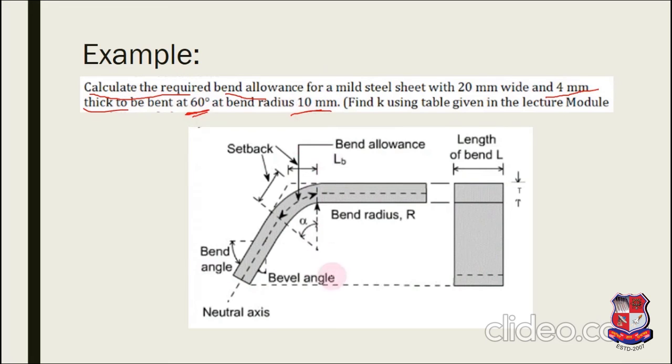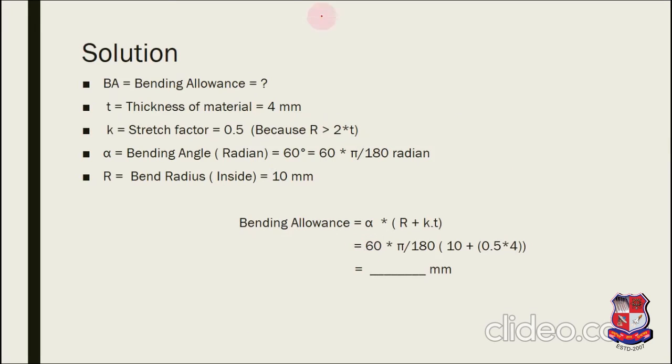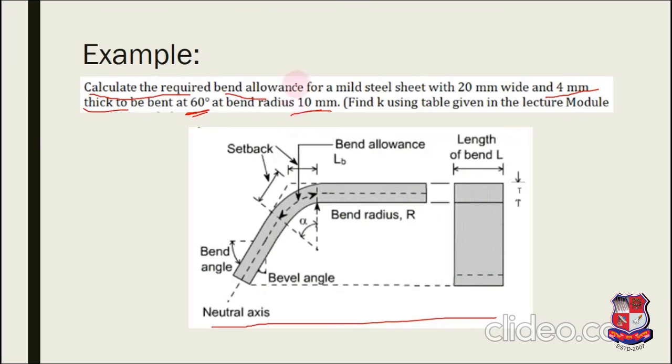This is the angle, this is the bend radius, this is the neutral axis on which we are calculating the bending allowance, and this is the thickness. So the thickness of the material is 4 mm.